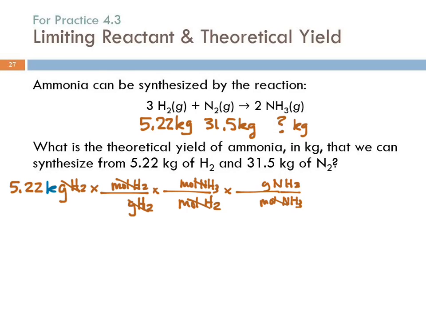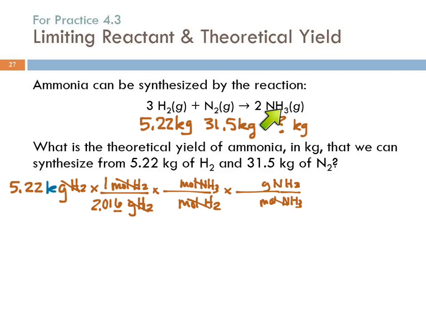Well, what's the mass of 1 mole of hydrogen? Well, the mass of 1 mole of hydrogen atoms is 1.008, but this is H2. So it's going to be 2.016. And what's the ratio of ammonia to hydrogen? 2 to 3.